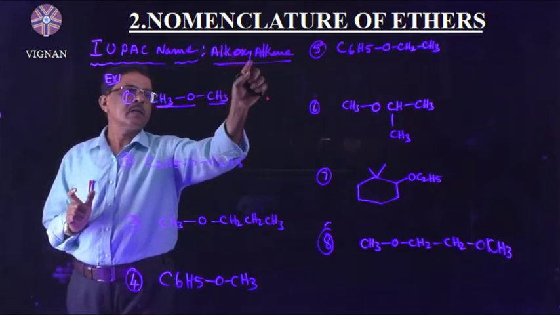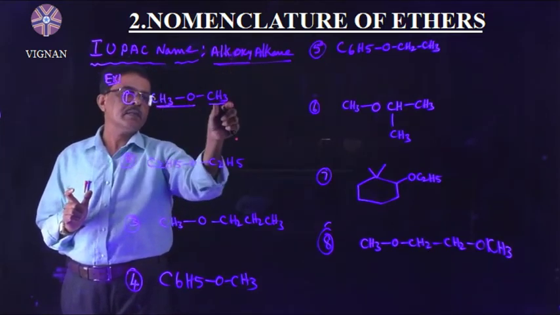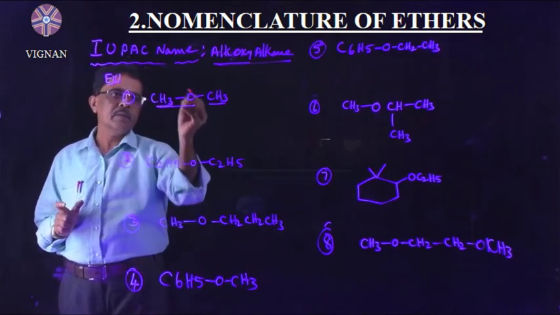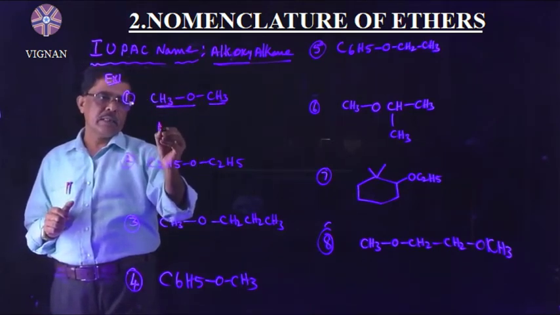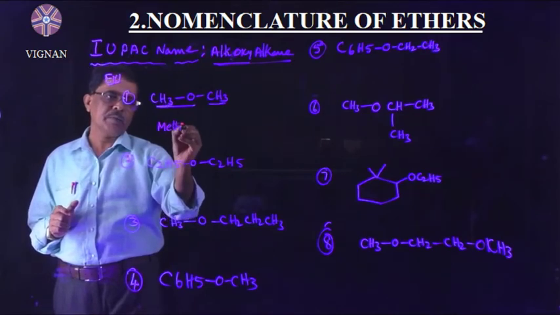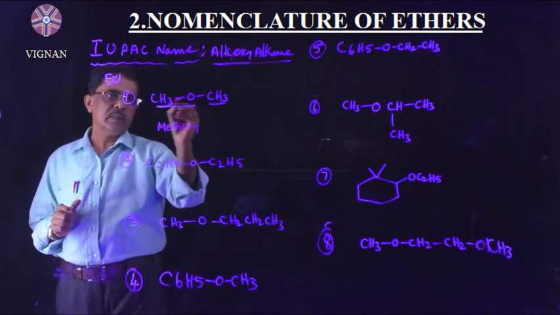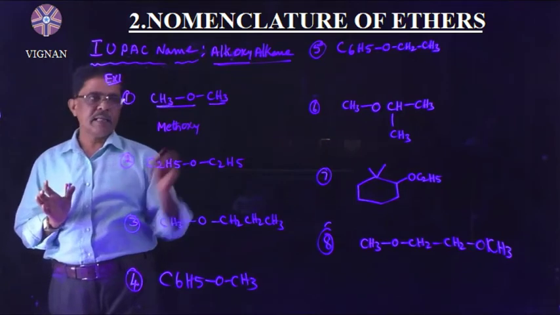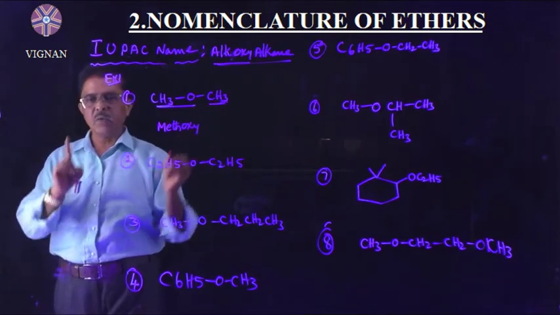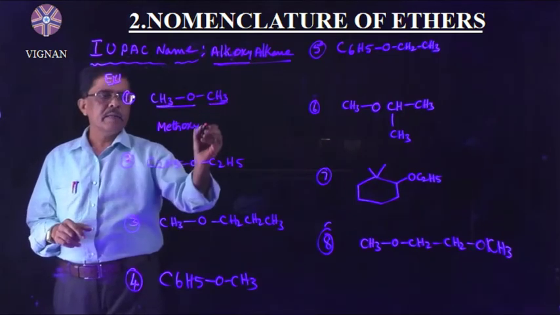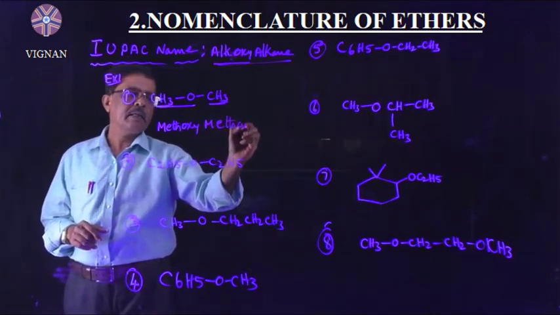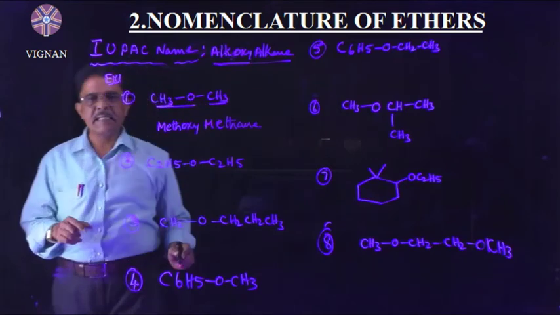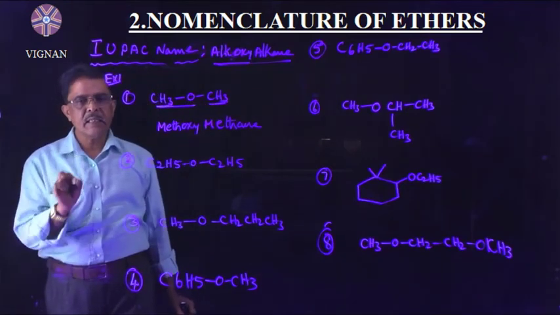This one is the alkoxy part, and this one is the alkane part. So what alkoxy group is there here? Methoxy, CH3O. The longest chain contains only one carbon, so its name is methane. Methoxymethane is the IUPAC name of CH3OCH3.